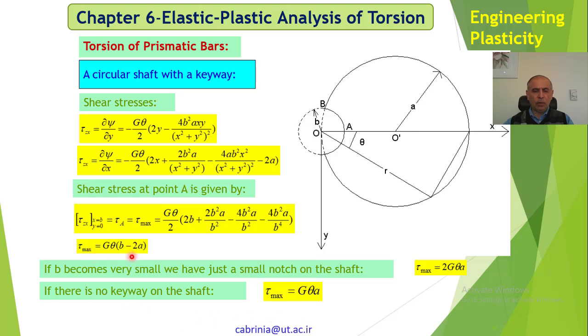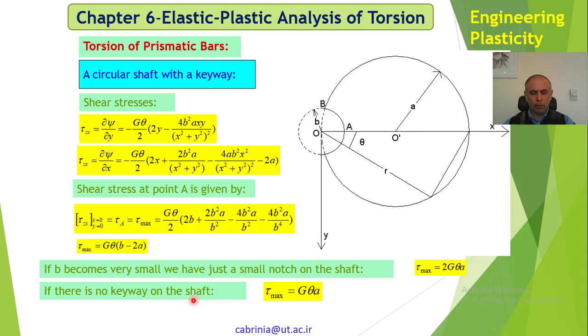If we have no keyway, then b is 0, and we have tau max equal to g theta a. And that's tau max for a regular circular shaft.